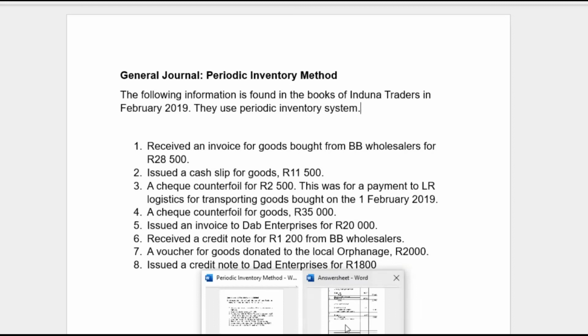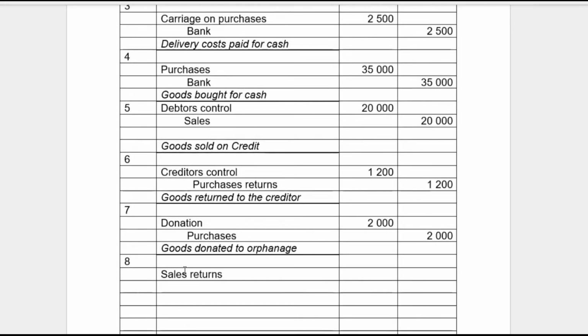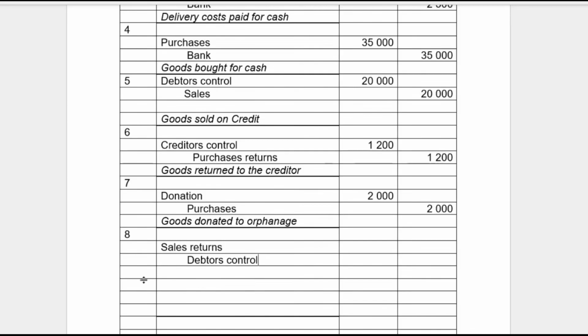So let's go to your answer sheet there and record this transaction. So it's going to be sales returns and debtors control.